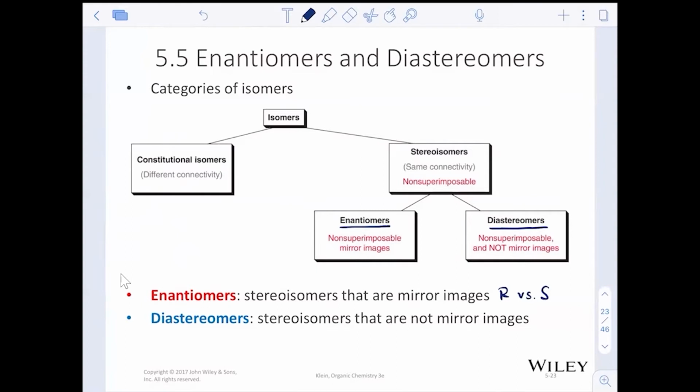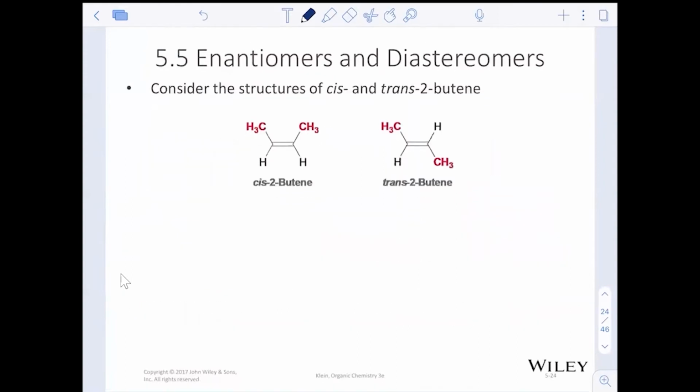The one that I want to give you right now is that cis and trans idea. So cis and trans, they're not mirror images, but they're definitely not superimposable, and it's their orientation that's different. So cis and trans stereoisomers are in the diastereomer category.